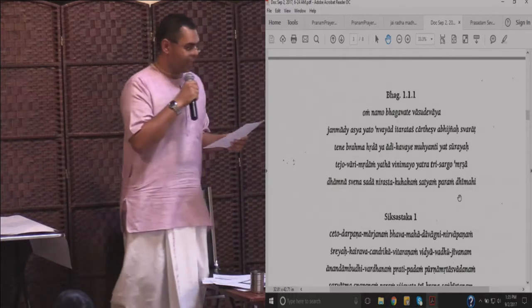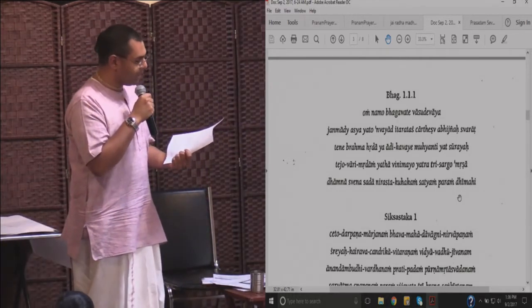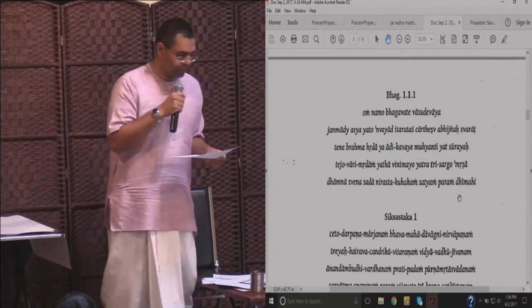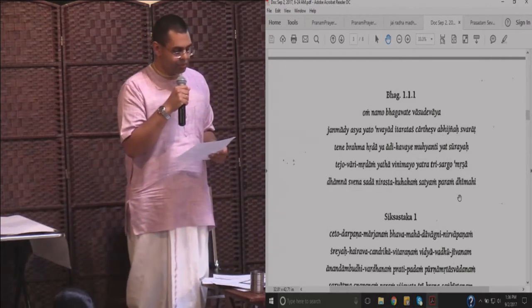Please repeat after me. We have some in Shardula Vikriditam, some in Trishtub, one in Mandakranta, one in Vasanta Tilaka, and one in regular Shloka. So, please repeat.